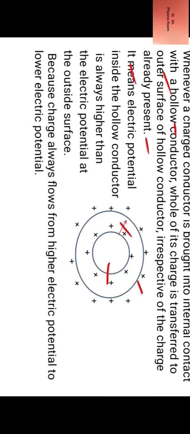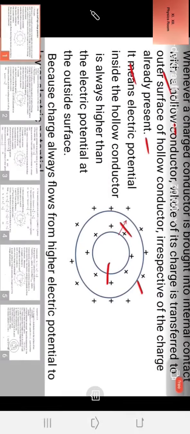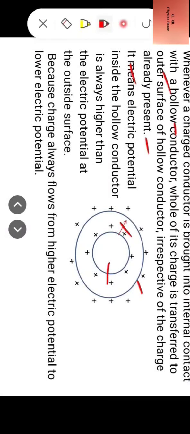What does it mean? It means electric potential inside the hollow conductor is higher than the electric potential at the outside surface, because charge always flows from higher electric potential to lower electric potential, like liquid flows from higher gravitational potential to lower gravitational potential.